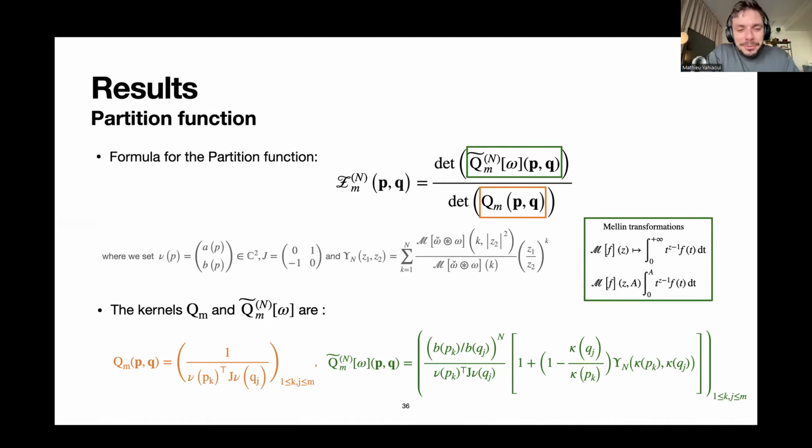Okay, so that calls for a few comments, obviously. The initial kernel has been replaced by Q twiddle and Q, which are m by n kernels reflecting the number of terms in the product building that partition function. Here they're actually non-trivial deformations.